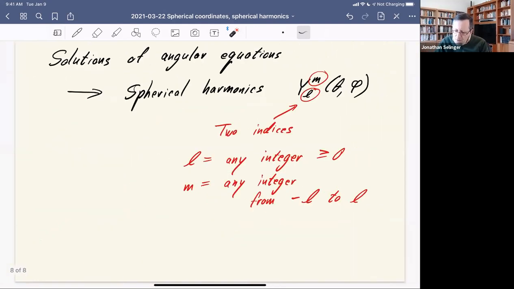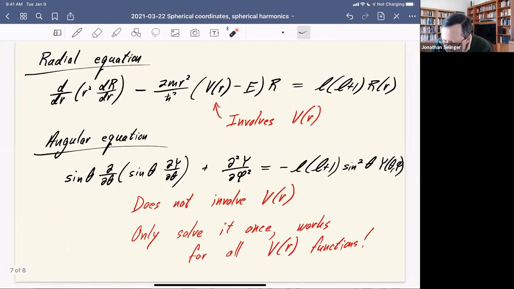The other point I want to emphasize about the L is that it has to be an integer. It has to be an integer here, which means it has to be an integer here also. So this equation has solutions if L is an integer.